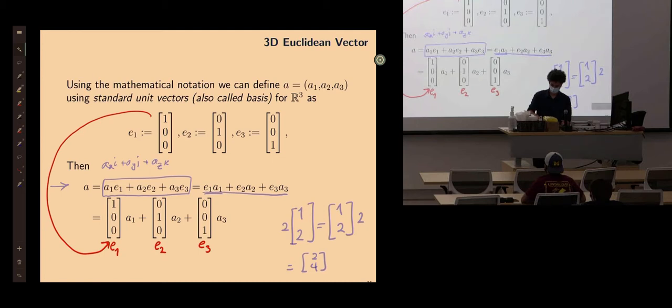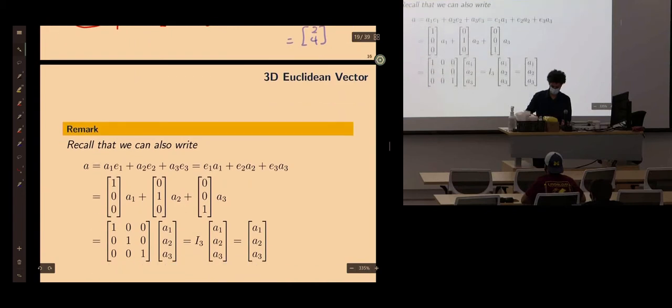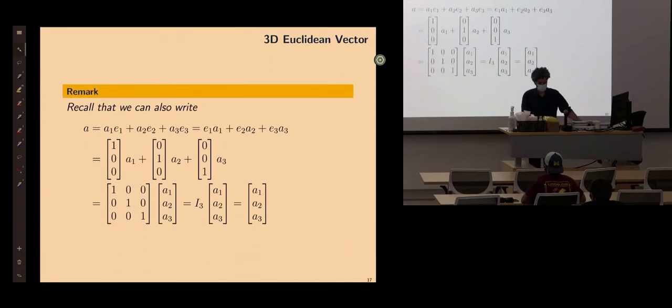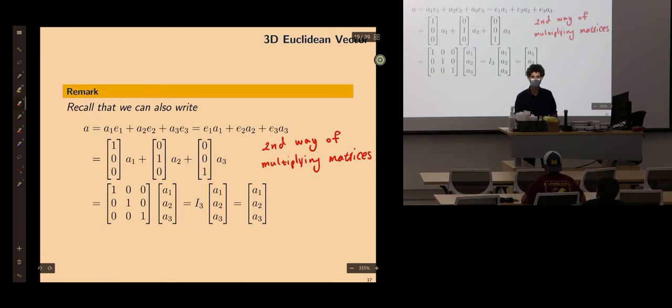Okay? Now what becomes interesting here is that this is a second way of multiplying matrices and vectors.